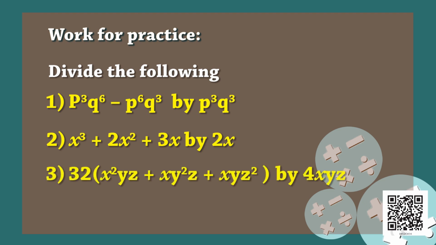Number 3, 32 into x square yz plus xy square z plus xyz square by 4xyz. Hope it will help you. After practicing such problems, you will get the idea of how to divide a polynomial by a monomial.